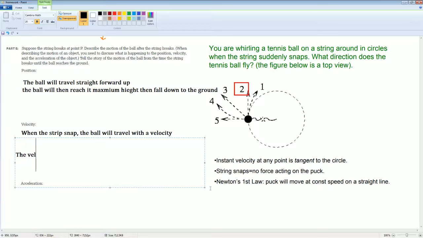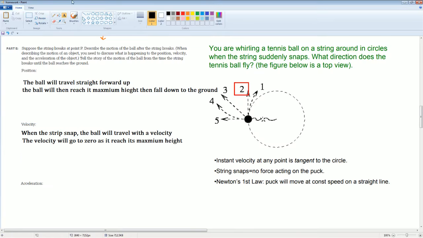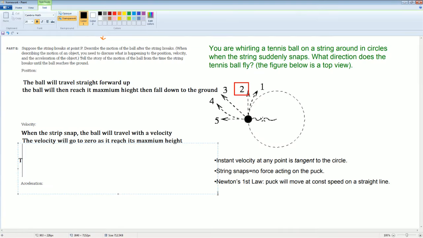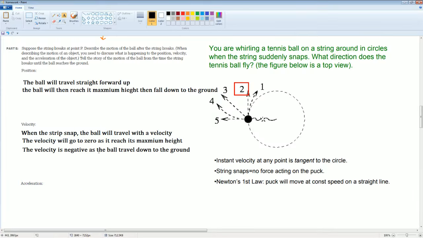The velocity will go to 0 as it reaches its maximum height. And again, it reaches its maximum height because the velocity goes to 0. Then the velocity is negative as the ball travels down to the ground. Again, this is the behavior of a projectile motion. Positive velocity going up, reaches the maximum height, goes down, negative velocity.